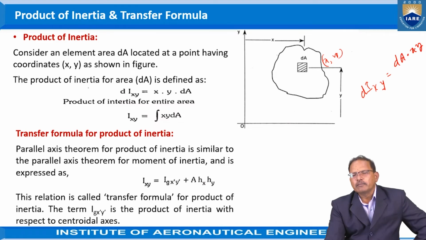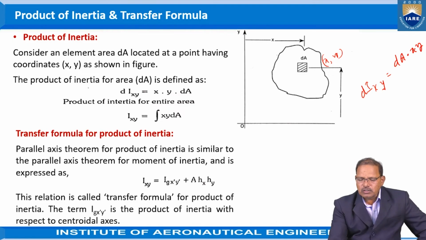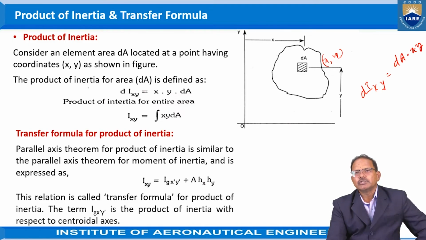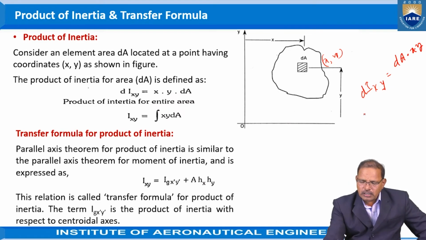It is equal to area multiplied by the coordinates of x and y with respect to the reference axes. So the total product of inertia possessed by the area is given by integrating this equation.